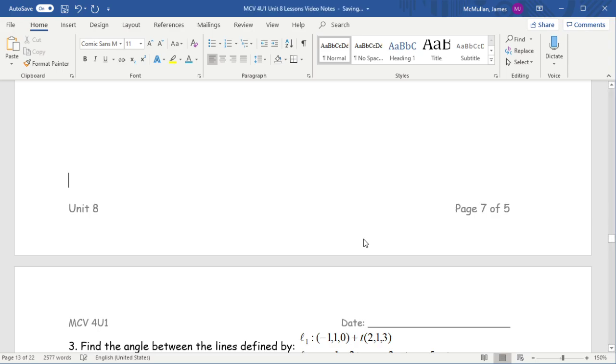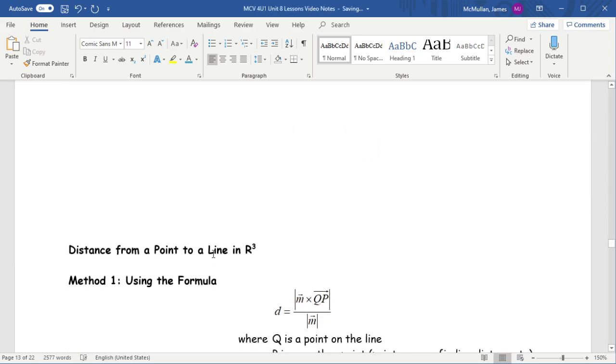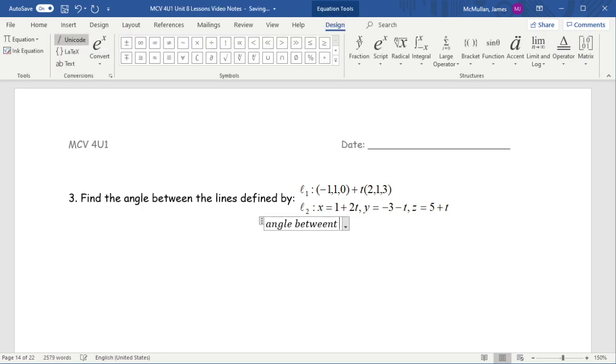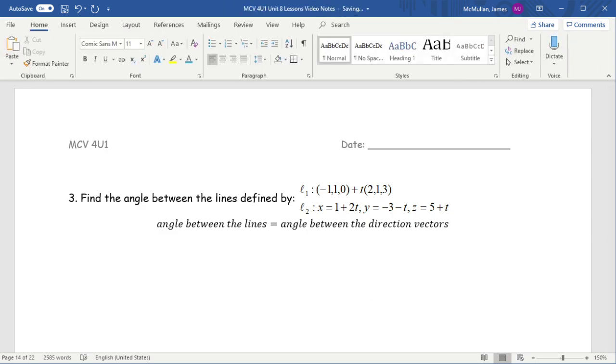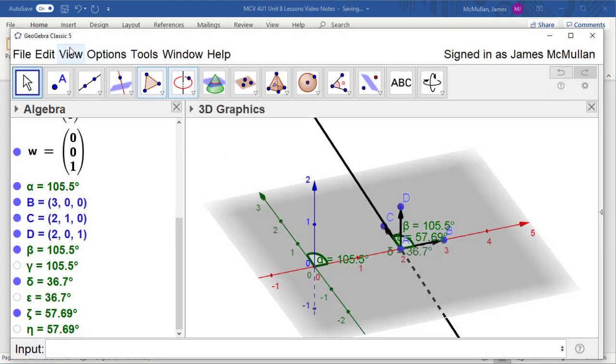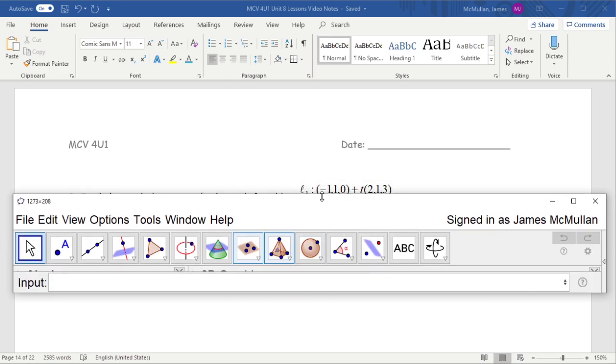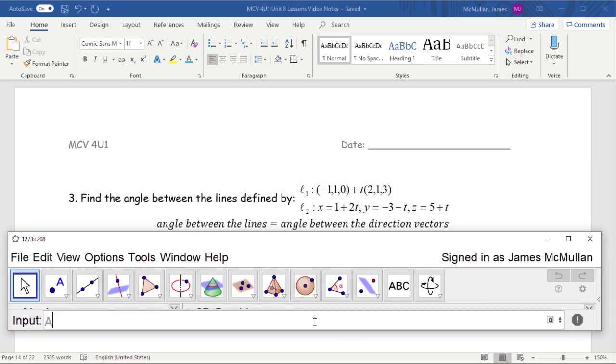Okay, find the angle between the lines. Now the angle between the lines equals the angle between the direction vectors. Let's graph this, and I'm just going to show you what I'm talking about. So we have a point A, which is negative 1, 1, 0.